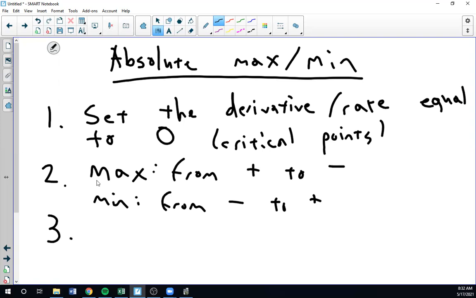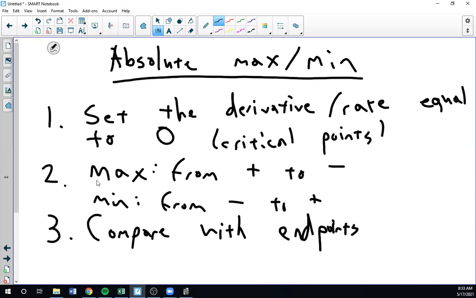Step 3, this is the important part that a lot of people forget to do. You have your candidates for your maxes or mins, depending on how the derivative turned out and how you solved it. Now, you're going to compare with the endpoints.